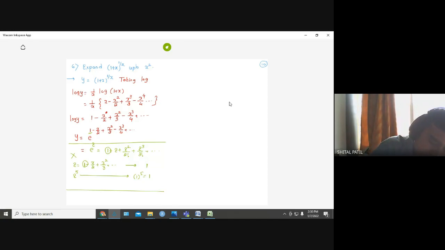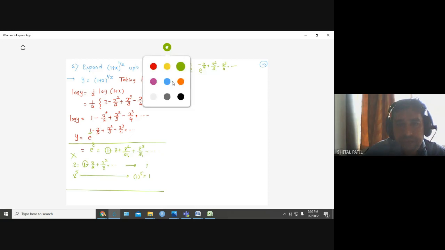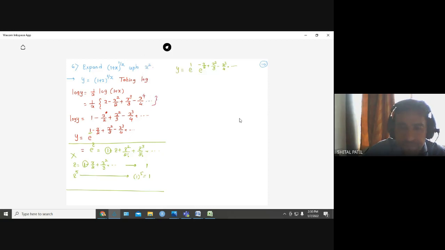So I'll write on the next page. So y equal to e raised to, I'm separating 1 and I'm separating the remaining terms, 1 minus x by 2 plus x square by 3 minus x cube by 4 and so on. Okay, and now we'll consider it in this way.